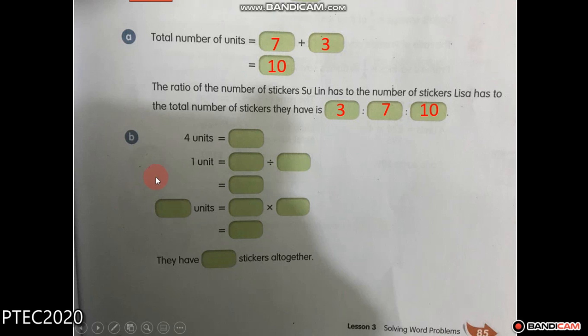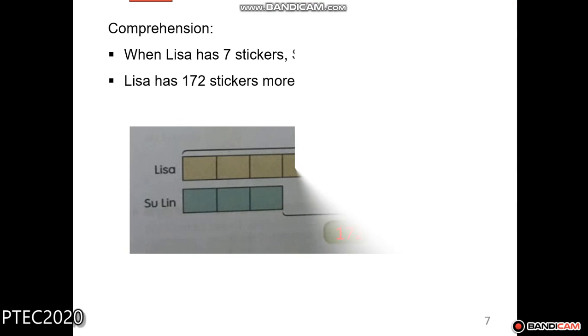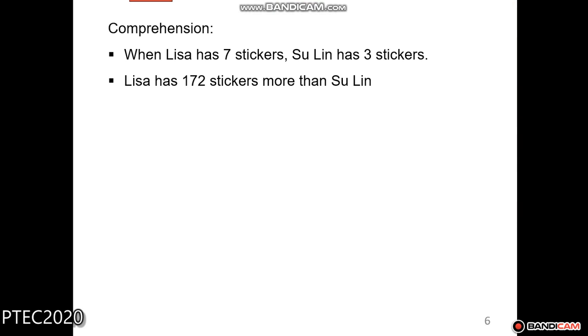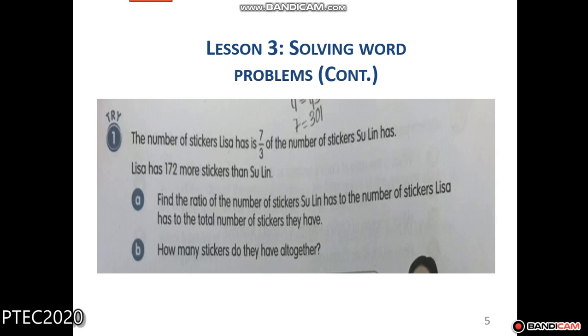Okay, so question B. What is question B? Can you look back to the previous slide in order to see question B? Okay, question B is: how many stickers do they have altogether? So find the number of stickers that they have altogether.